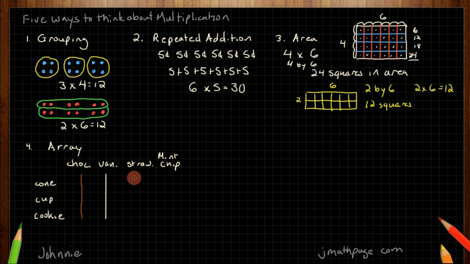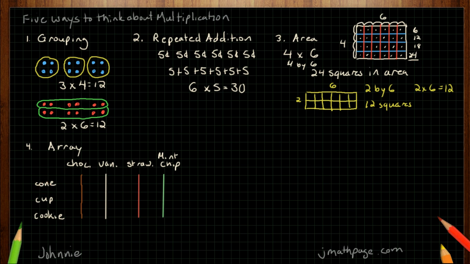Your strawberry ice cream you might find on a cone, a cup, or a cookie, right? And then your mint chip could be on a cone, a cup, or a cookie. Let's see what this looks like. We could look the other way as well.